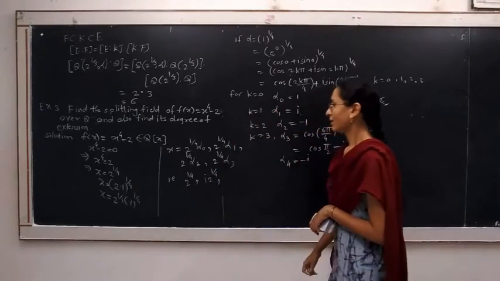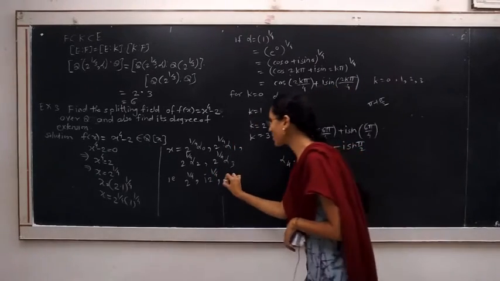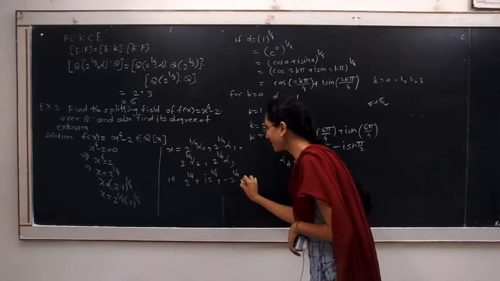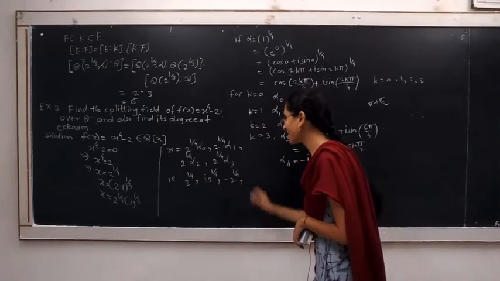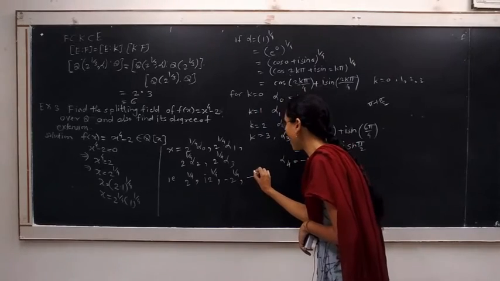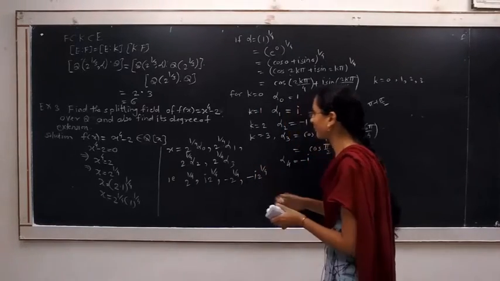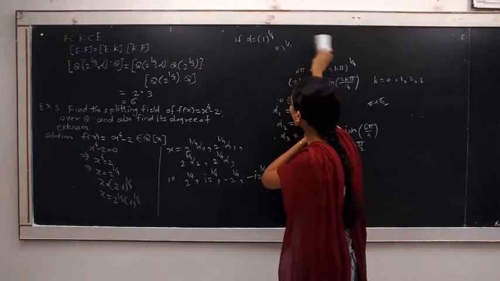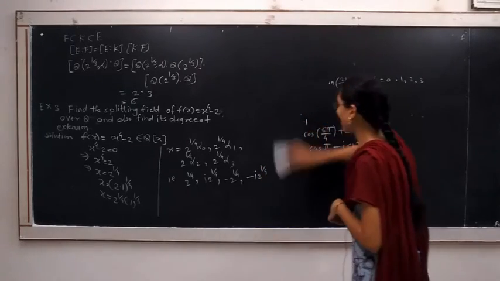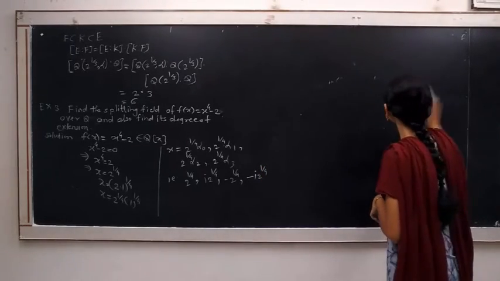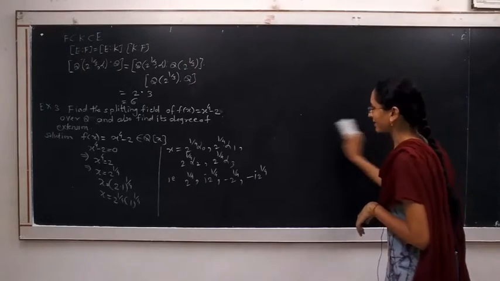The next root is minus 2 raised to 1 by 4 and the last root of the polynomial f(x) is minus i into 2 raised to 1 by 4. You have all the four roots of the polynomial f(x), hence you get the splitting field of the polynomial f(x).